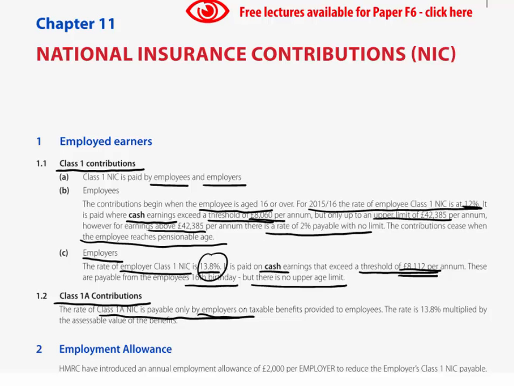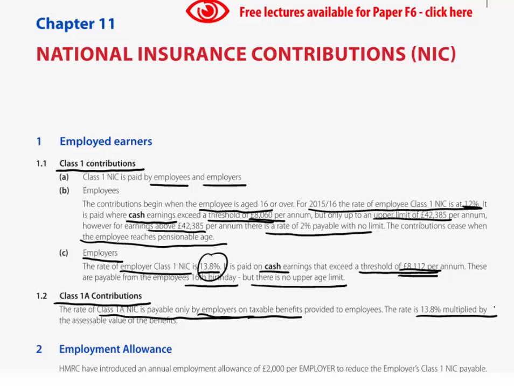The employer will pay the Class 1 NIC employer or secondary contribution on the cash earnings, and will also pay Class 1A NIC on any taxable benefits that they provide to employees, as we have computed within Chapter 9. And again, standard rate 13.8% on the taxable value of those benefits. But that is only paid by the employer, not by the employee.